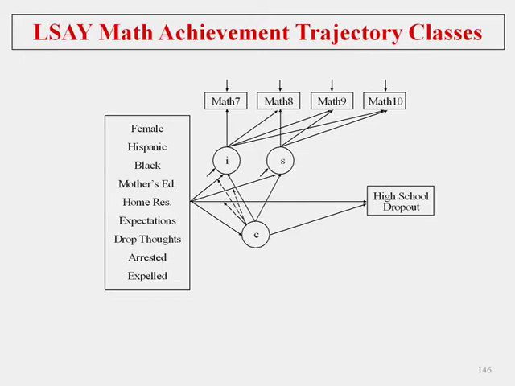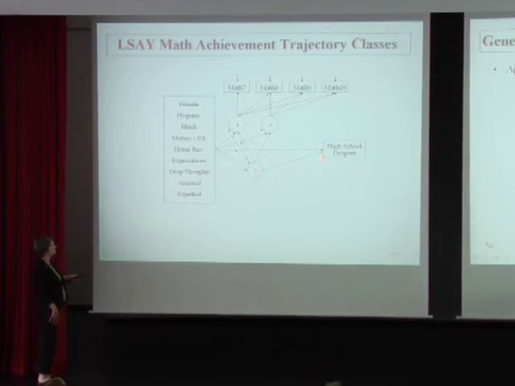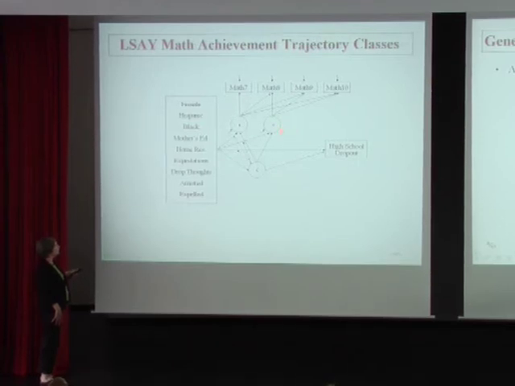Oh, and then one other thing to say. Bengt mentioned this earlier, but it's always good to say things more than once. If you note, we're predicting high school dropout from the trajectory shapes, from the categorical latent variable. We don't have arrows from the intercept and slope growth factors pointing to that.